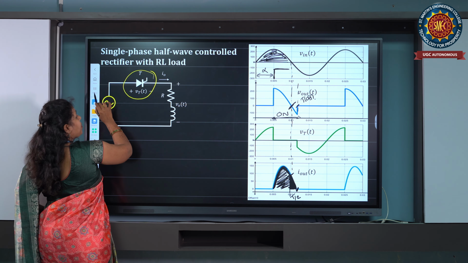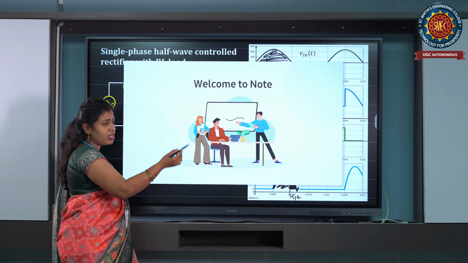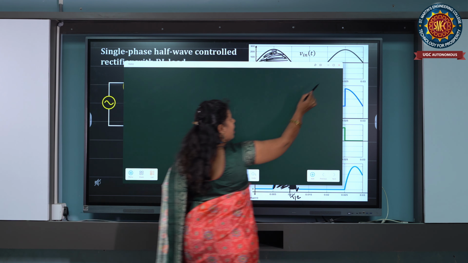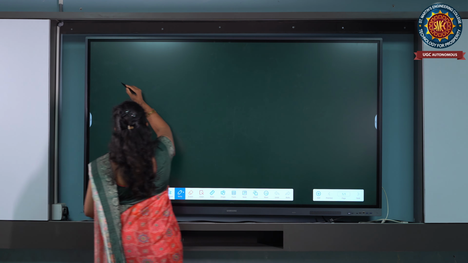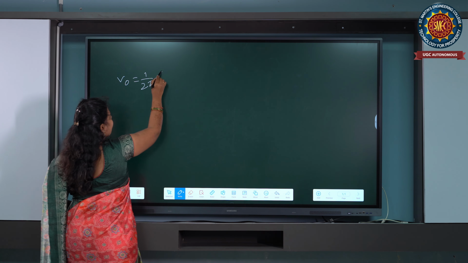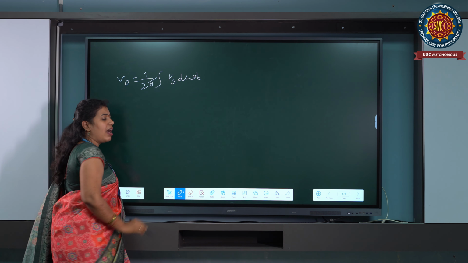And what is the output voltage appearing across the load? That is the average output voltage, V0 DC. V0 is equal to 1 by 2 pi integration of Vs d omega t, but the limits are different.